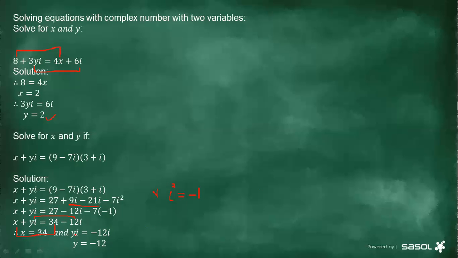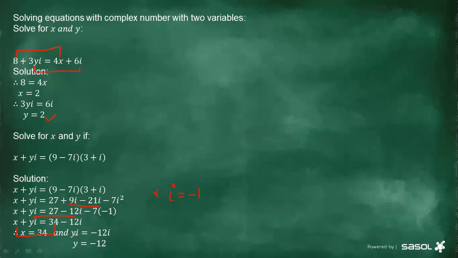So remember, when you have a bracket, you first have to open the bracket. Then you equate those that don't have the i, and those that have i together, so that you can solve the value of x and the value of y.